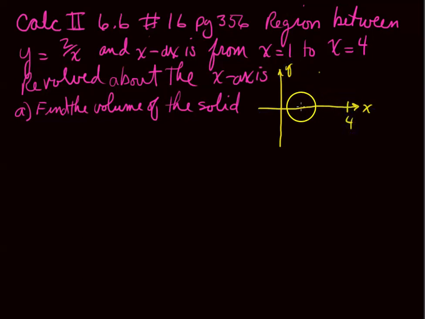So if this is 4, this would be 2, 1, 2, 3, 4. Plug in a 4, we get 1/2 for the y here. I'm sorry, from 1 to 4. Plug in a 1, we get a 2. And plug in a 4, we get a 1/2, and we know it curves.